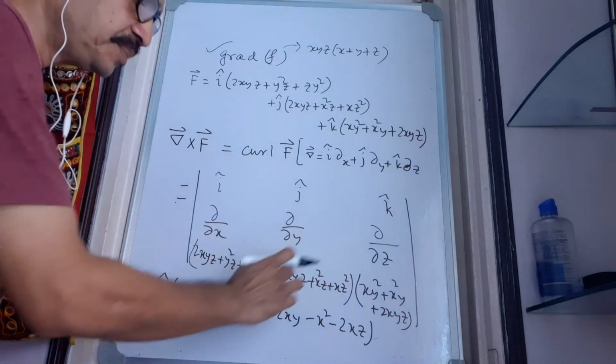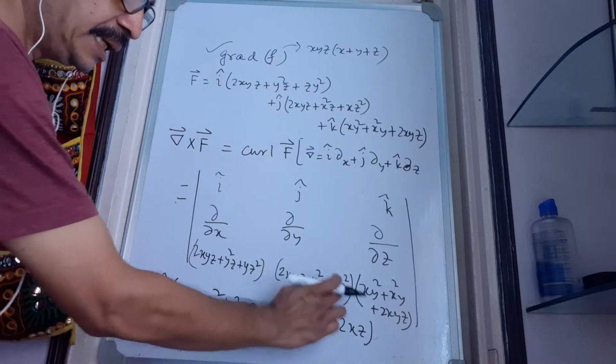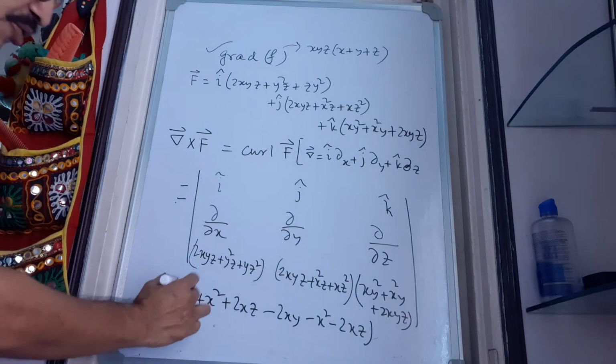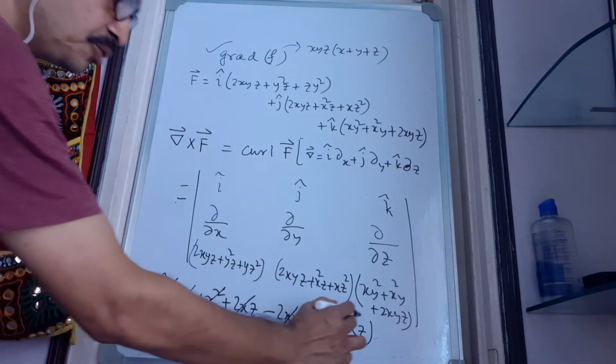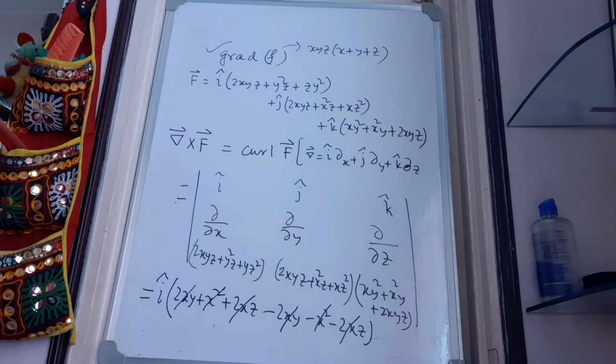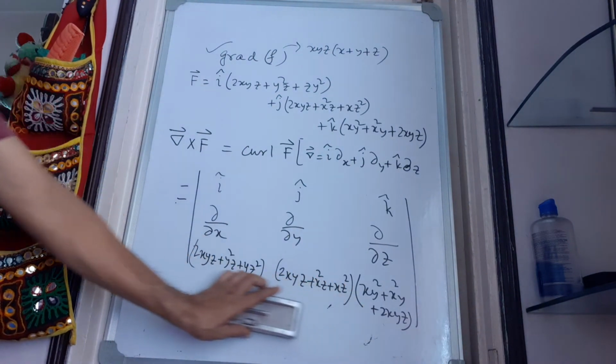So, what is del/del z of this? It is nothing but 2xy, then x square and then 2xz. So, 2xy and 2xy cancel out, x square and x square cancel out, and 2xz cancels out, and this becomes 0. So, the i cap component is 0.